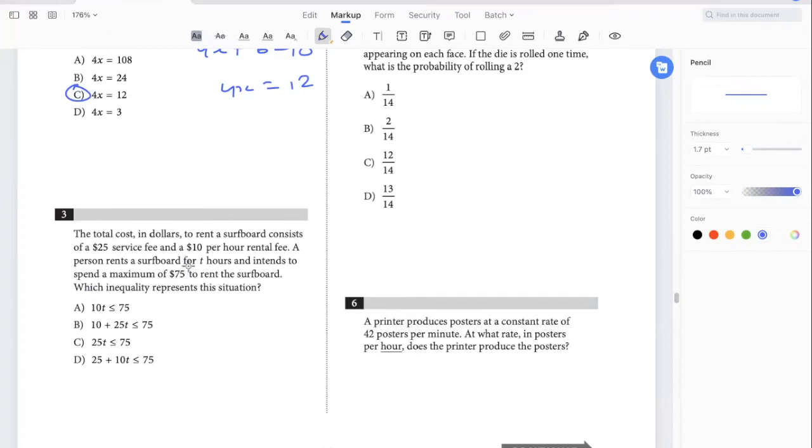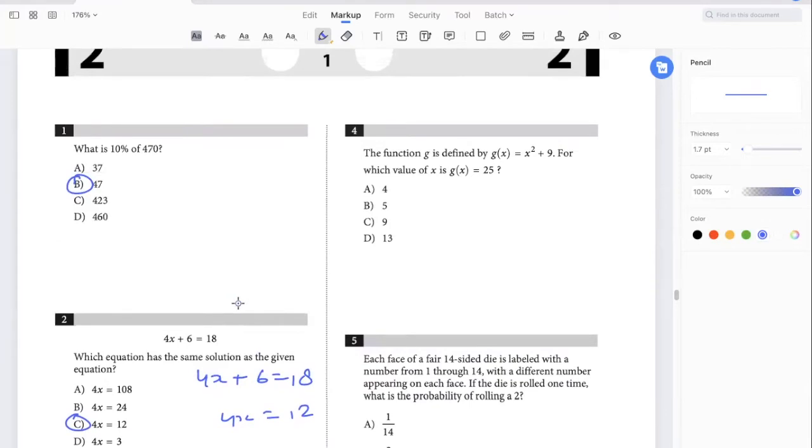So for T hours, the rental fee will be 10T plus there is a $25 service fee. So total fee would be 25 plus 10T. And this should be less than or equal to 75 because he wants to spend a maximum of 75. So 25 plus 10T should be less than or equal to 75.